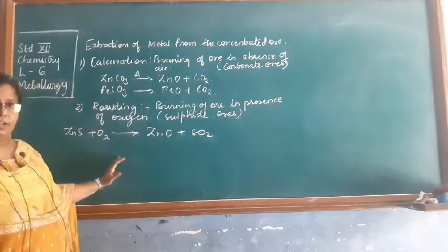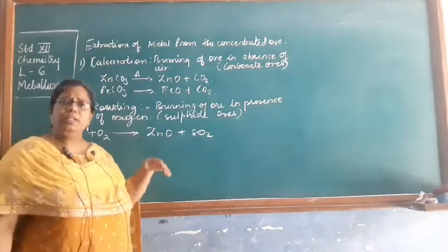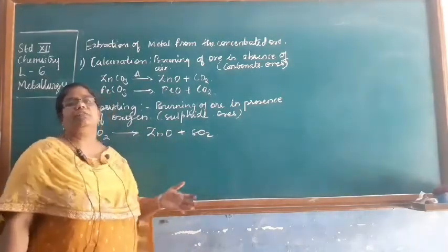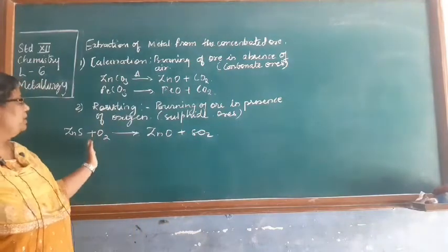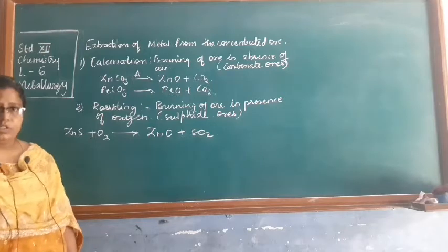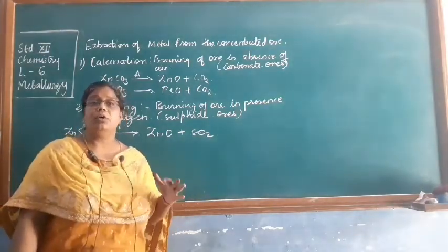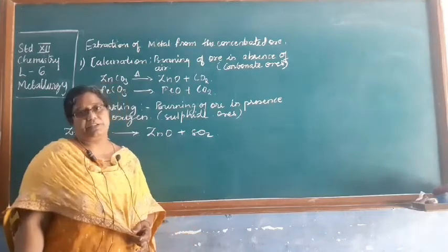So roasting is done this way. Iron sulfide or any sulfide ores will get converted to the oxide by burning with excess of air. This process is called roasting. So after roasting and after calcination, you have got your metals in the form of oxides.